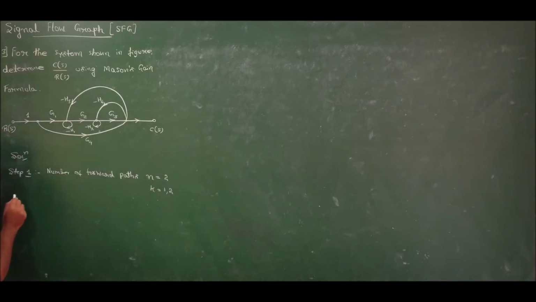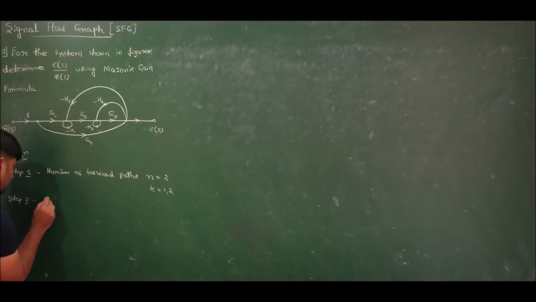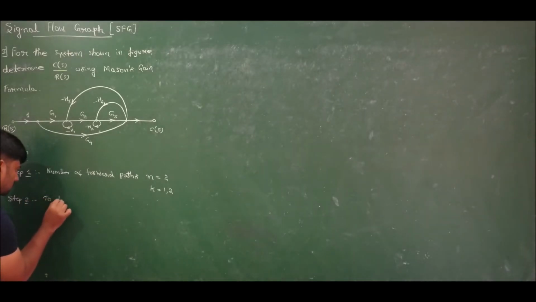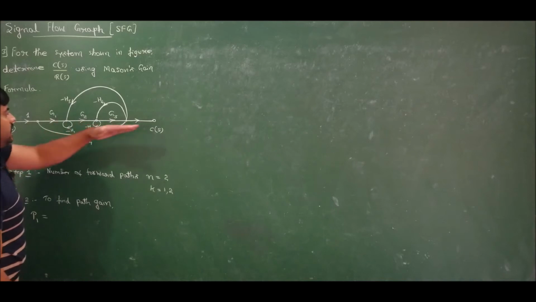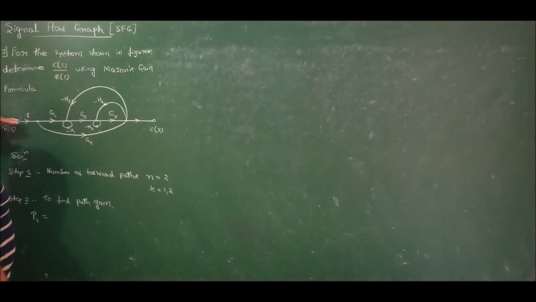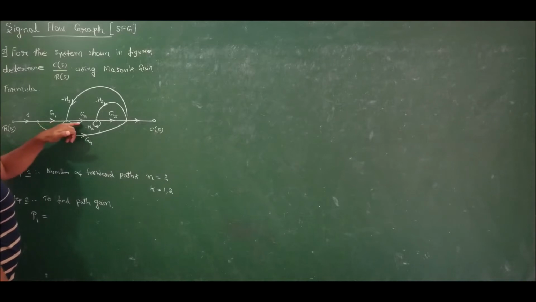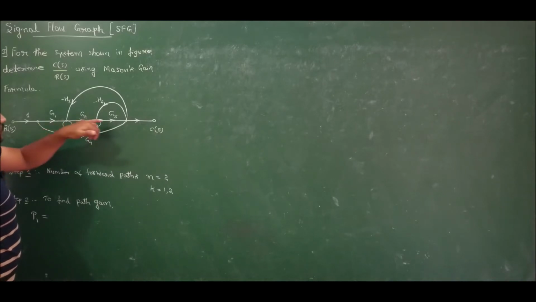Now in step 2, let us find the path gains. Path 1 is a straight line, so it is a product of branch gains: 1 into g1 is g1, g1 into g2 is g1 g2, g2 into g3 is g1 g2 g3.